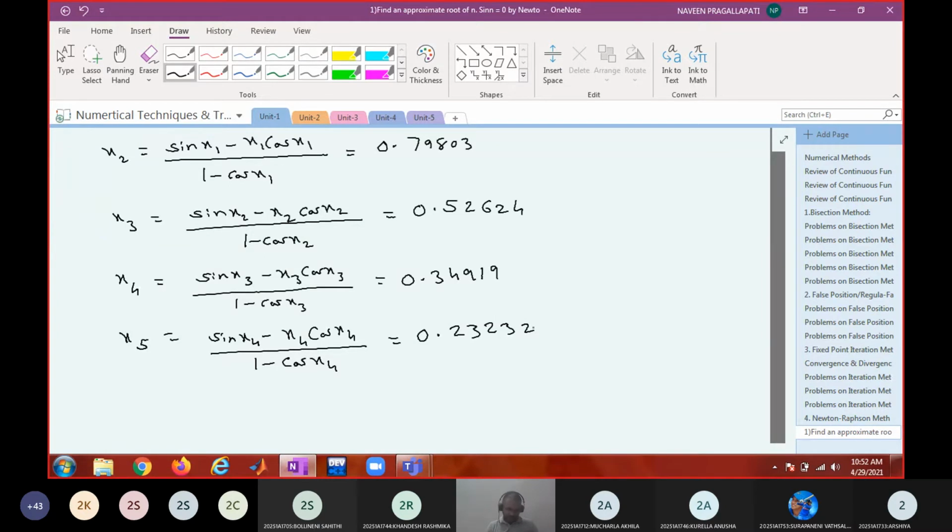Let me store it to A. And I want sin A minus A cos A divided by 1 minus cos A. 0.23232 you are getting, right? Proceed further. Let's see.